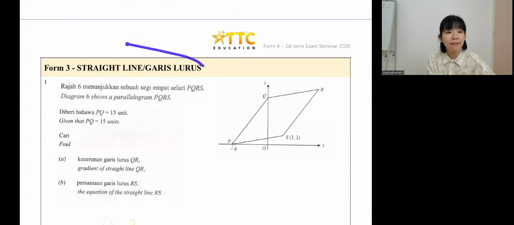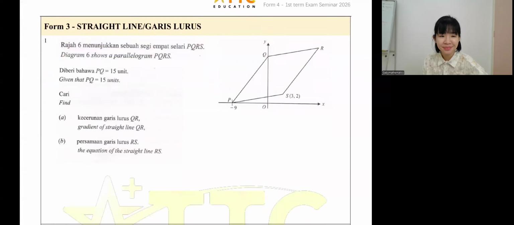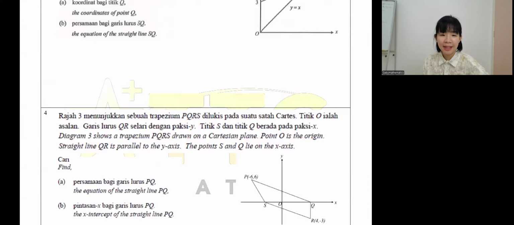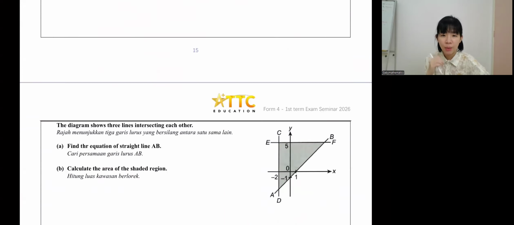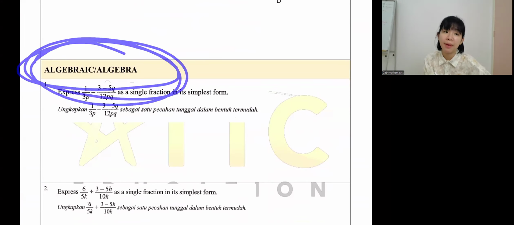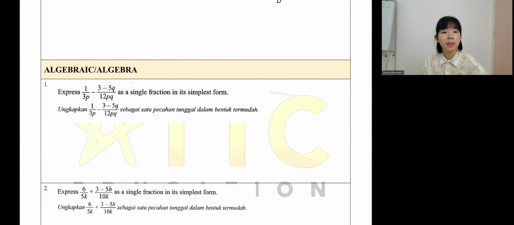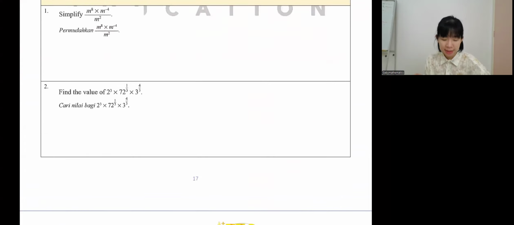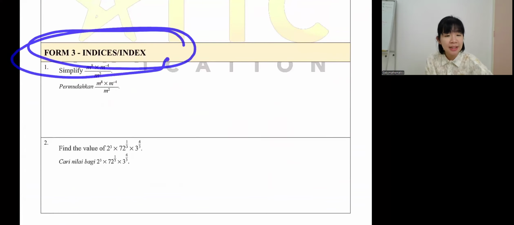Next we have Form 3 straight line, y equal mx plus c. Still remember or not? Y equal mx plus c. Then we have algebraic questions. Algebra definitely comes up in Paper 1, multiple choice questions. Next, we have indices.